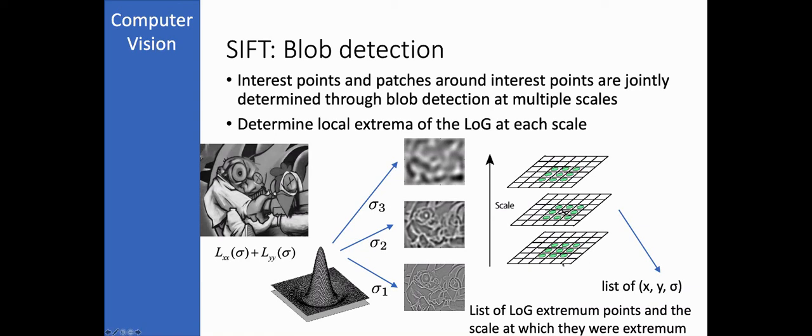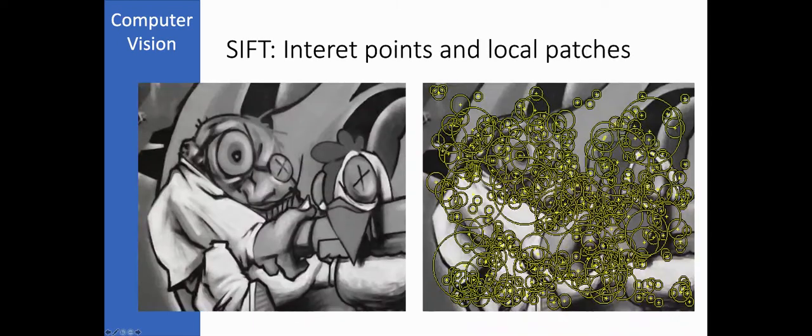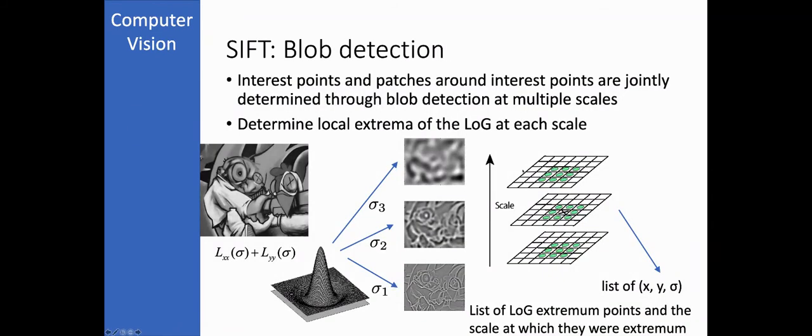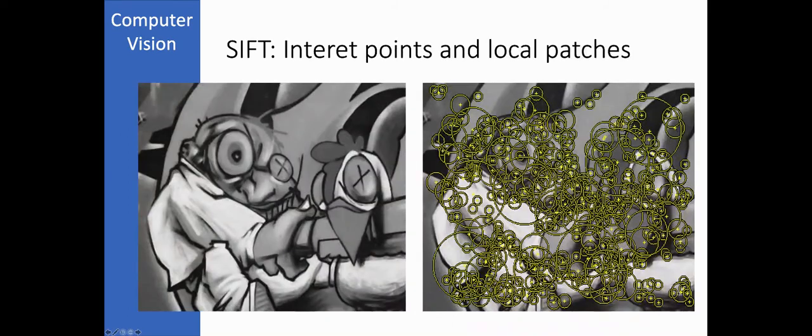This list is quite nice because through it, I'm able to identify the interest points as well as the patch around each interest point. Specifically in this list, X and Y tell me where that interest point is, and the sigma tells me the size of the circular patch I should extract around that interest point.